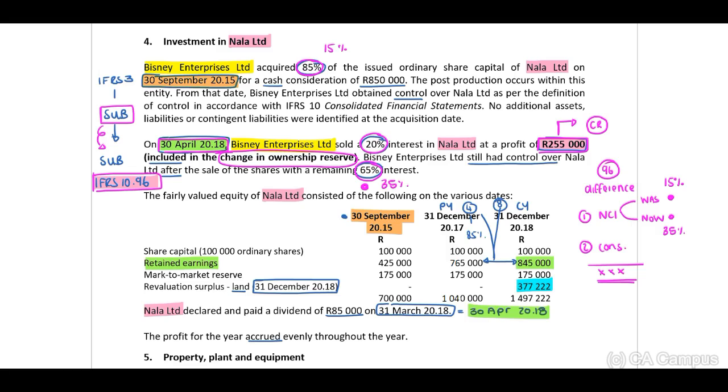But what is important to remember, on the face of your cash flow statement, we need to indicate the change in ownership, the proceeds, in terms of the partial disposal. Therefore, we need to determine what is the consideration, which we do not have at this point of time. But we are able to reconcile this. Right, guys, now how do we do this?